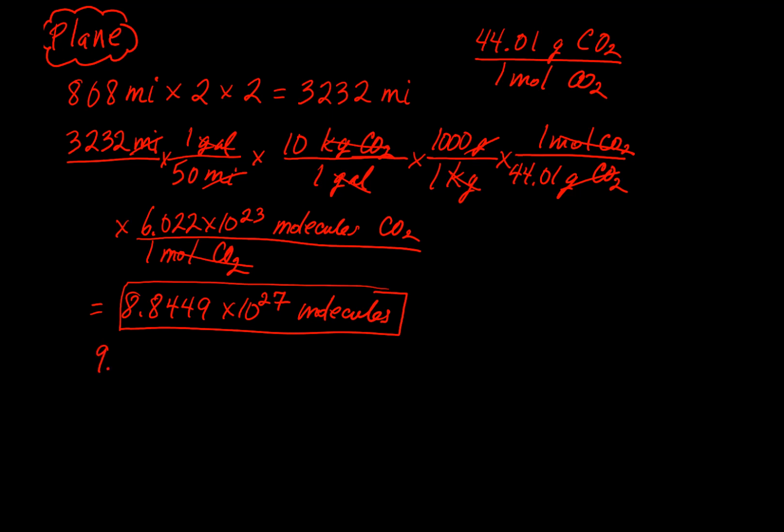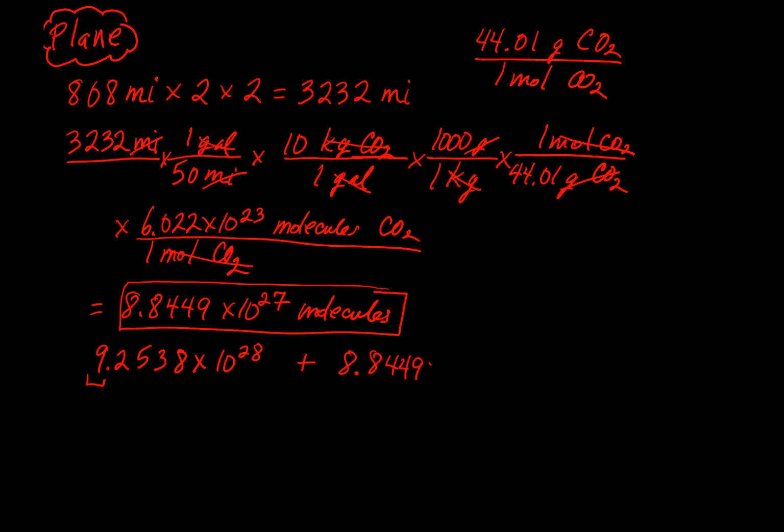So we've got 9.2538 times 10 to the 28. That's from the bus, and we know that this number had one significant figure. We want to add that to the number we just calculated for the plane.